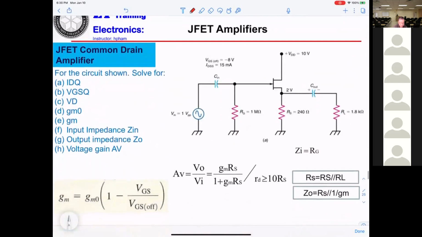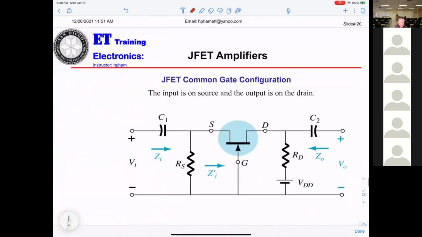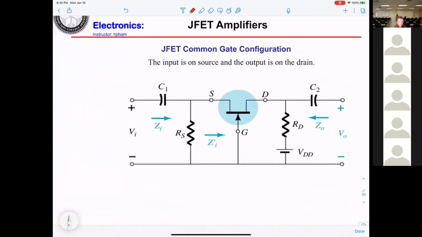Okay. This one also. Now, the last one. Common gate. You understand when you get the amplifier, like a bipolar common emitter, then you must understand that in AC emitter will be ground.